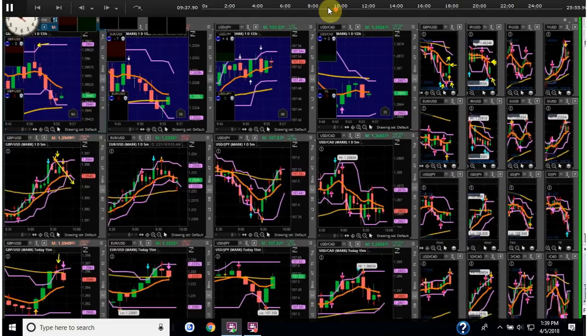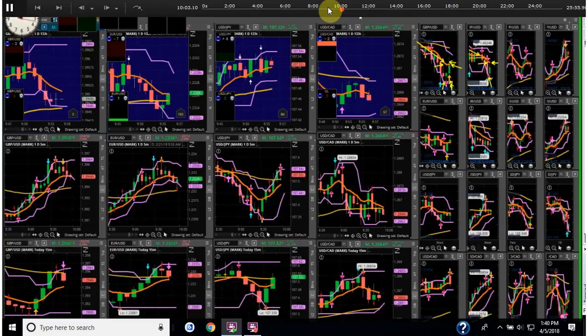It's kind of pointing up. I would say for now, right now, the 5 is up, the 15 is up, and the 4 hour is up. So right now we're looking for ups. So I will go with the trend is up.